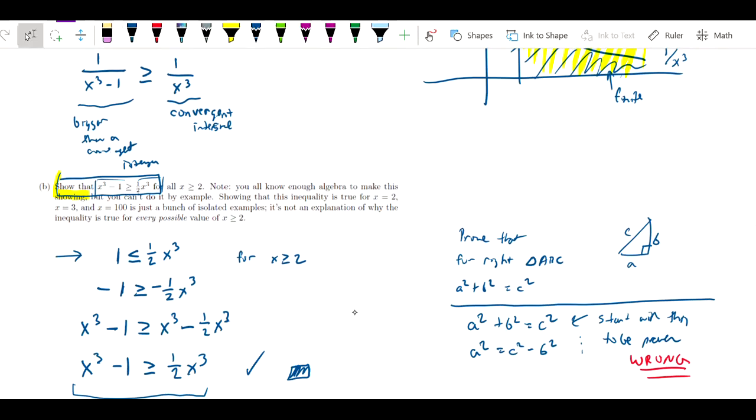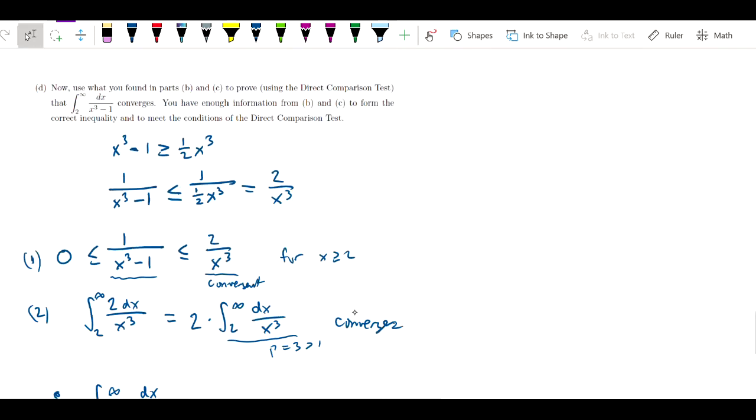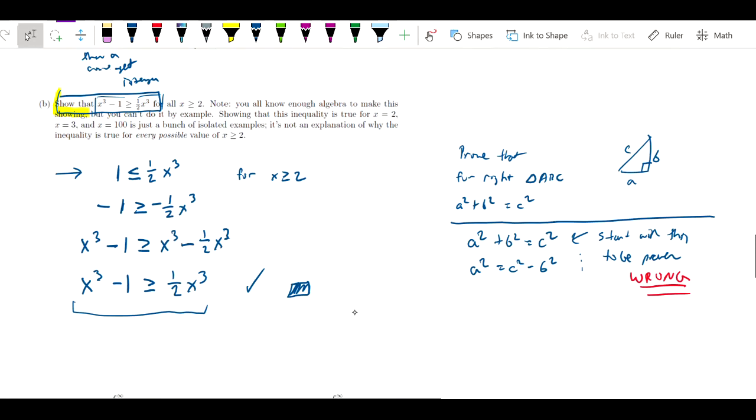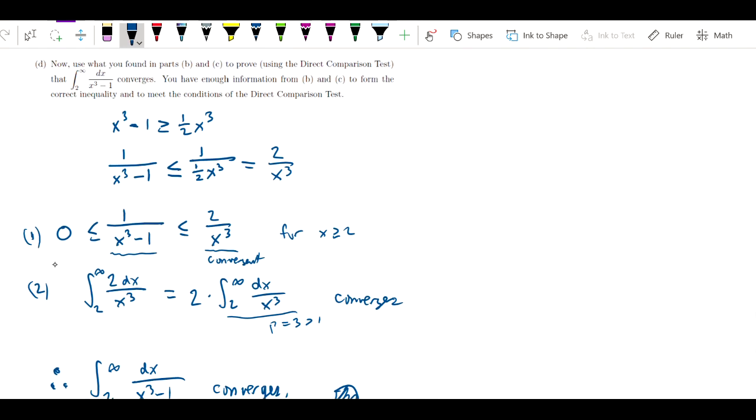So look at how we used the two parts above. We used parts B and C to prove the statement in part D. We used part B, this inequality, to do step 1 of the theorem, to form this inequality showing that the integrand was less than something that we felt we could show converged.